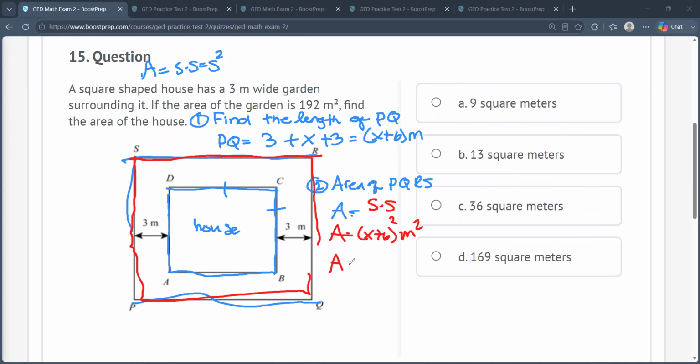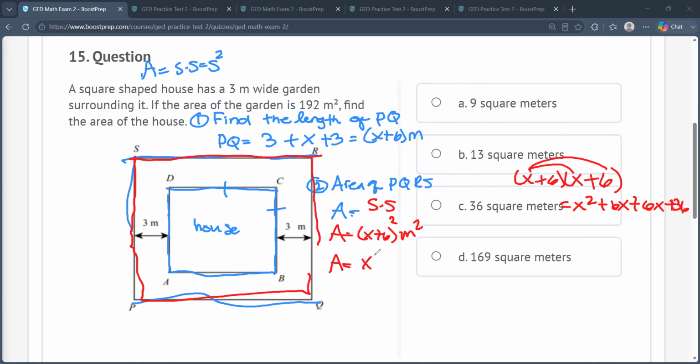And when you FOIL this out, what's X plus 6 squared? You could do the long way. You could say X plus 6 times X plus 6, and if you FOIL that out, that'll give us X squared plus 6x, and then 6 times x is 6x, and then 6 times 6 is 36.